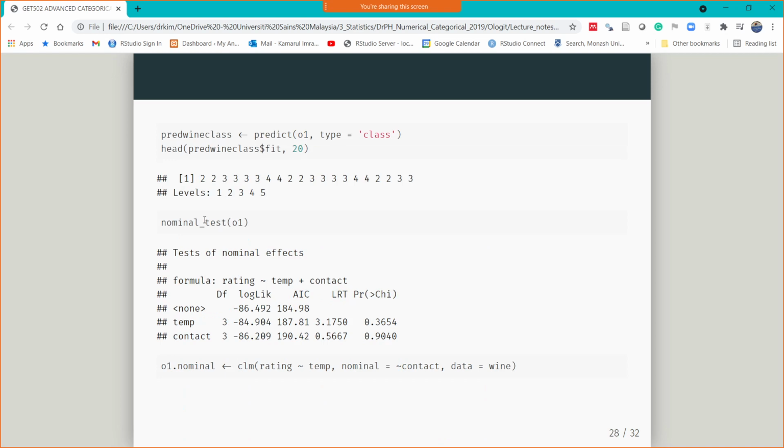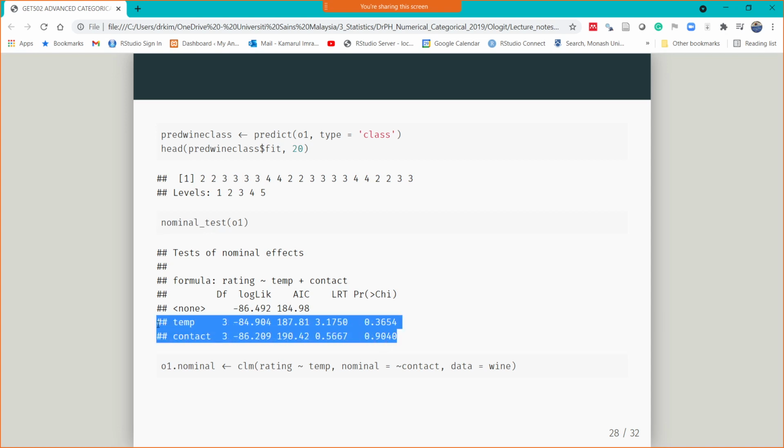To check for the proportional odds model, you can use the nominal test function, right? Nominal test O1, and it will test each of the covariates whether each one of them violates or does not violate the proportional odds assumption.